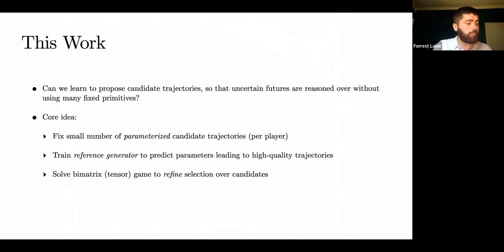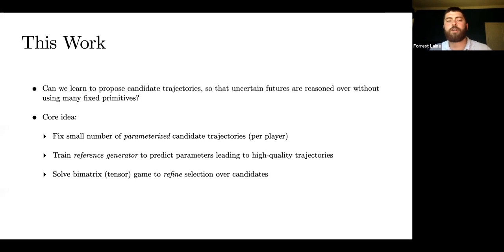The idea was that maybe we could use machine learning techniques to propose candidate trajectories at every configuration that the two players may find themselves in, right? In the previous slide, that would be the star goal locations.